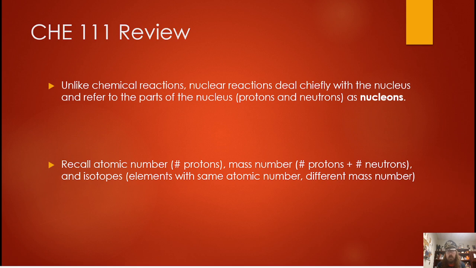But in order to be able to do a lot of this stuff, we need to remember that the atomic number is equal to the proton count, and the mass number is equal to the sum of the protons and neutrons. And certain elements have isotopes, which means they have the same atomic number, same number of protons, but different mass number, different number of neutrons. So that will play a part in their stability.